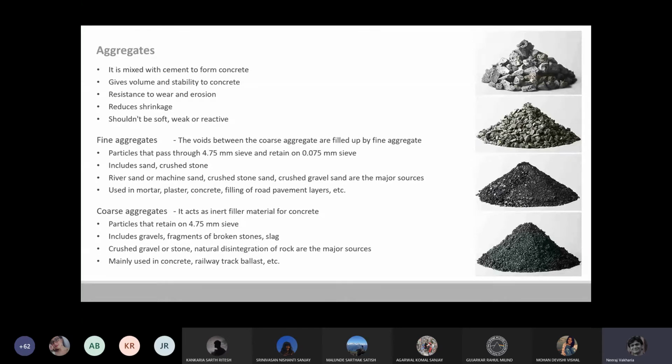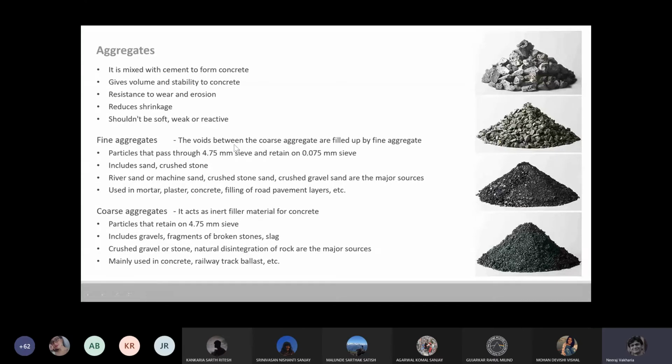They are resistant to wear and erosion because they are weathered, and they don't react as much to chemicals as the concrete itself. It reduces shrinkage, because concrete shrinks after it sets or the hydration process is done, and that is reduced by using aggregates. It shouldn't be soft, weak, or reactive, of course, so you have to choose a kind of stone which won't react to other chemicals.